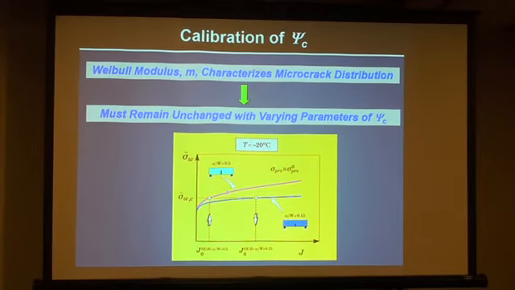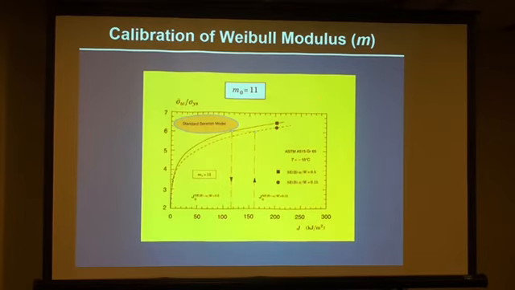That's the basic idea. So that's the calibration of the Weibull modulus using the toughness scaling. Essentially, it's using a correlation between the deep and shallow crack here. So we're predicting J0 for the deep crack from J0 from the shallow crack.